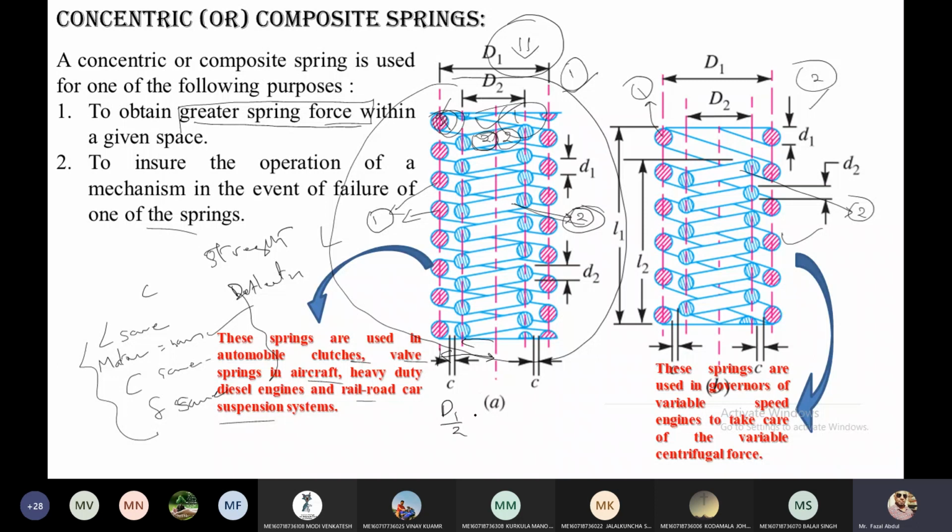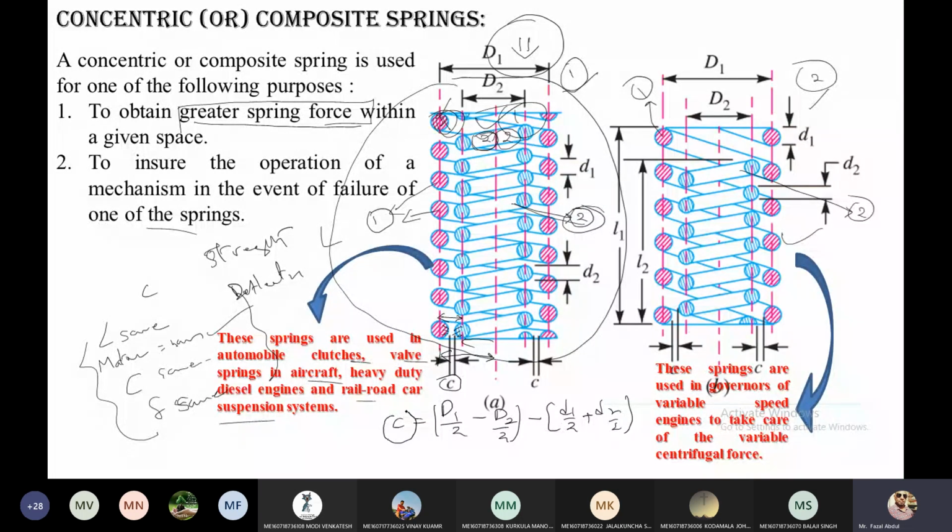So I am subtracting, and what will we get? I will get this length. Again, if I subtract this wire diameter, I will get exactly this figure, that is c. That is minus d1 by 2, the diameter of the spring wire by 2 because it is half portion, plus d2 by 2. Okay, so this is the clearance.